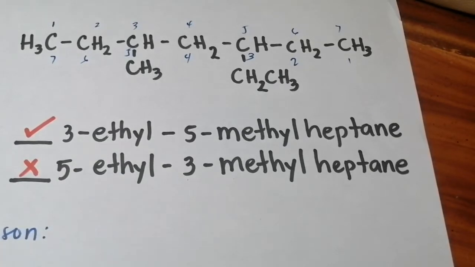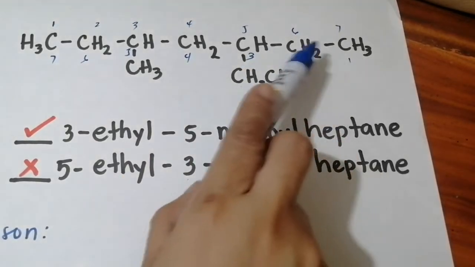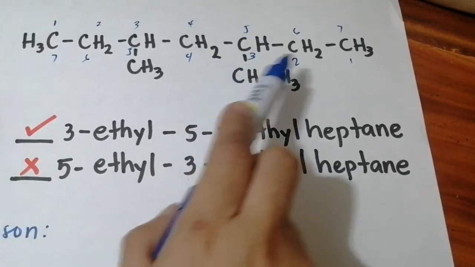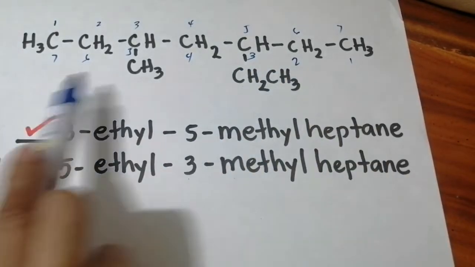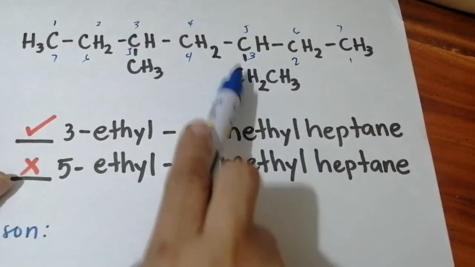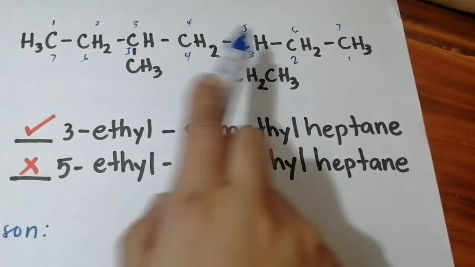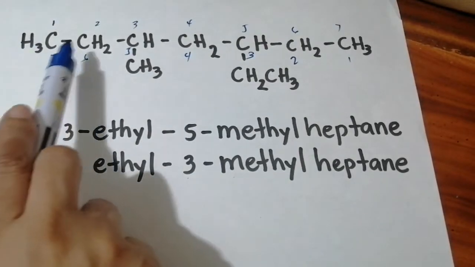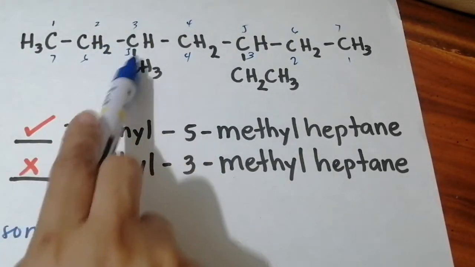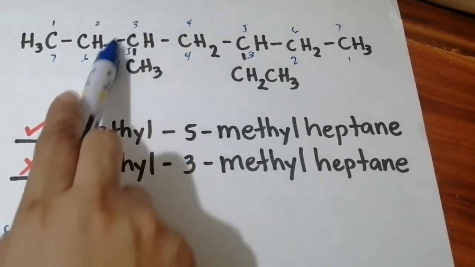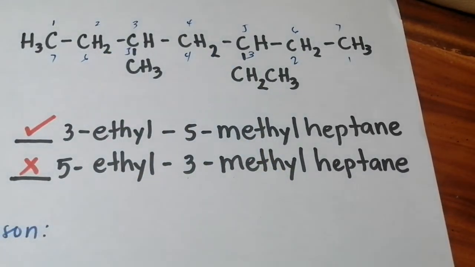Now, aside from that, you can also see the positioning of the substituent. Here, 1, 2, 3, the substituent is on the third carbon. And if we start from here, 1, 2, 3, the branching is still in the same position, on the third carbon.